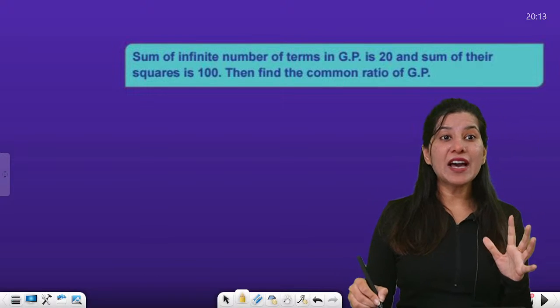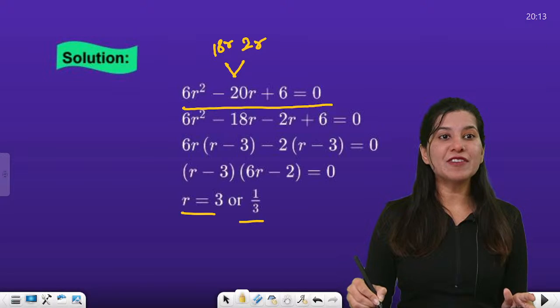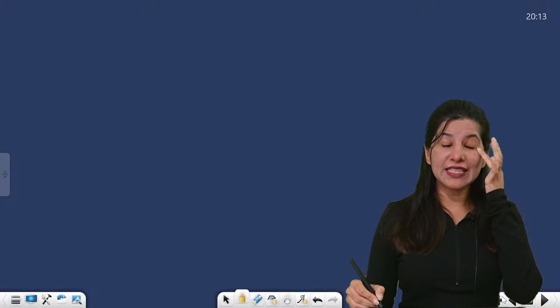Now we have not actually studied sum of infinite progression series.